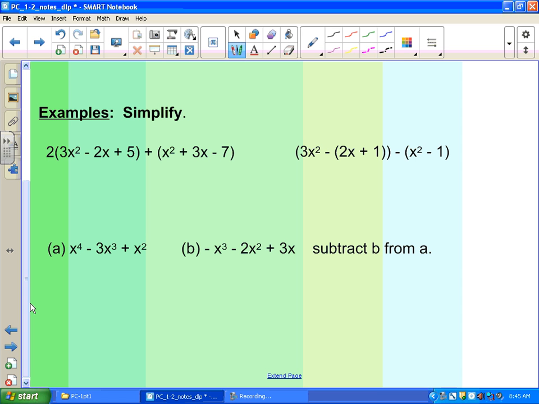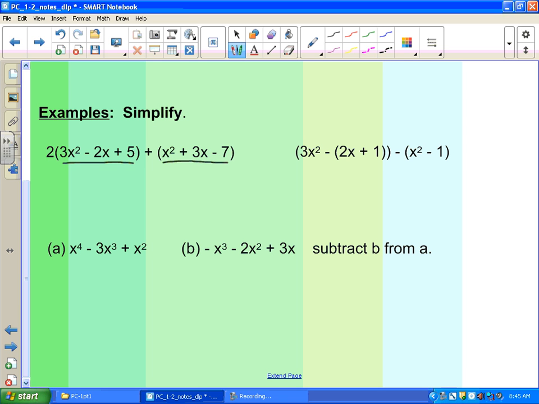So thinking about our order of operations, I deal with things within the parentheses first, and if I look at these sets of parentheses, 3x squared minus 2x plus 5, nothing can combine. Same thing with x squared plus 3x minus 7. No like terms there, so nothing to do in the parentheses world. Exponents, there are really none to deal with in terms of the parentheses.